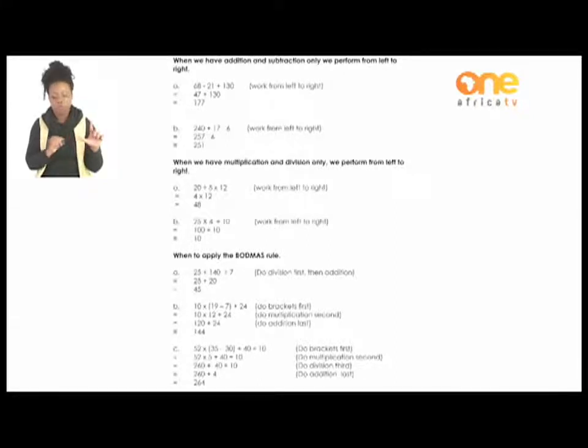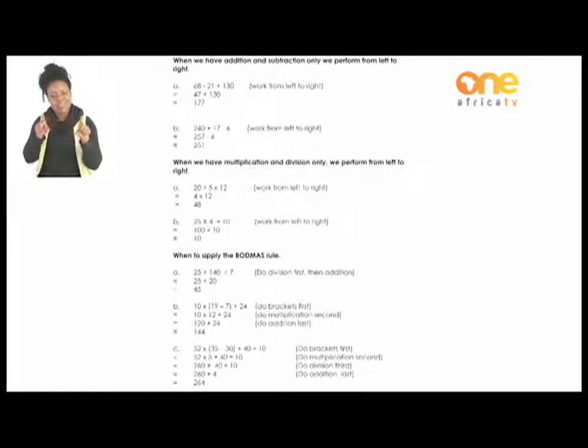We do the multiplication first. 25 times 4 equals 100, divided by 10. Now we do the division part and we say 100 divided by 10 equals 10. So this is when we only have multiplication and we only have division.